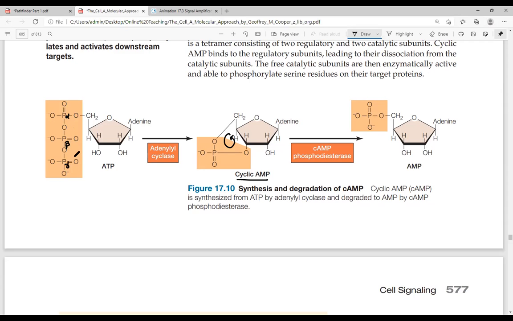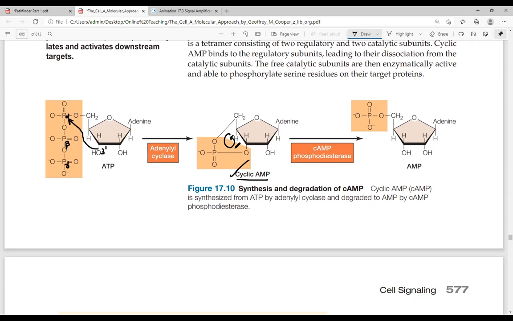Now, for the reaction to take place, the hydroxy group present at the 3' carbon atom is going to attack the innermost phosphate atom, the alpha phosphate. As it attacks the alpha phosphate atom, it gets bonded with it, which leads to cyclization of this structure, leading to the formation of cyclic AMP.